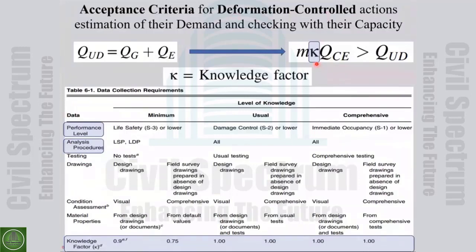value of kappa, the knowledge factor. In many places in the world, in almost all countries, the most difficult job for systematic retrofitting is to reach the model, to understand the building, to be sure that the thing you are modeling is not that far from reality.